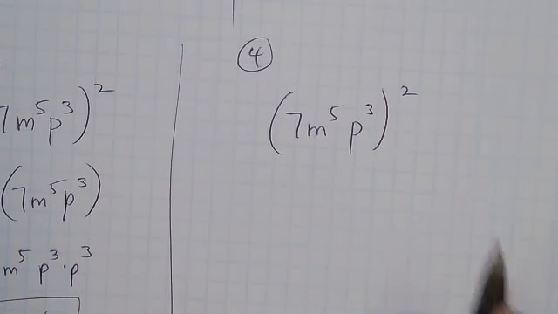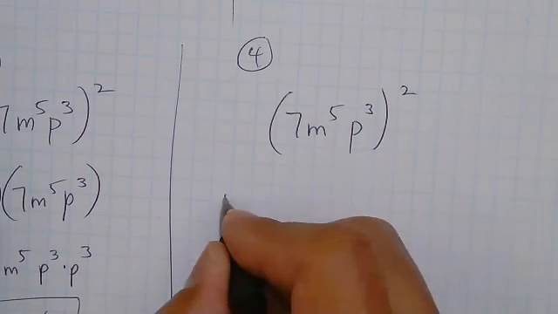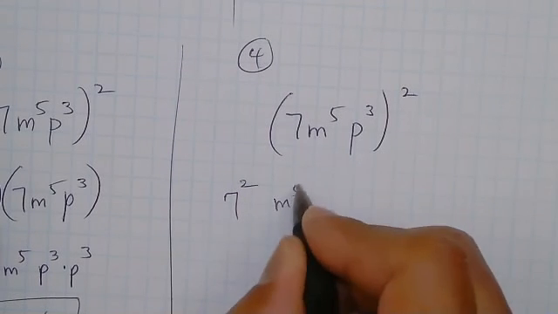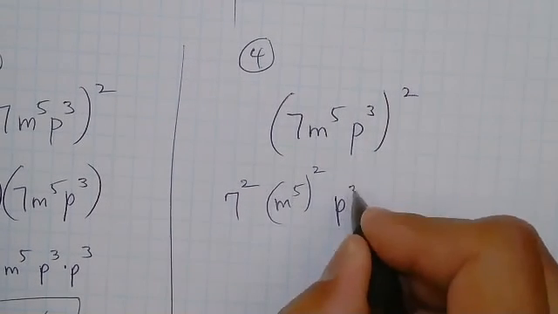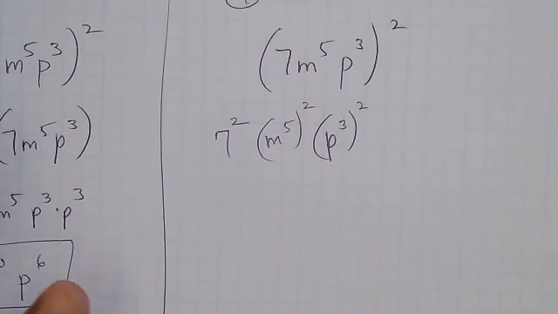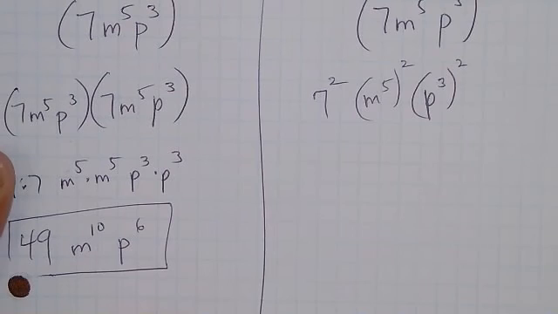We're gonna kind of look at it this way in that sense, which is fine. It's not wrong. But then we have a power rule that'll probably make things a little bit or a lot easier for you, right? Make sure that everything gets a power of 2. 7 gets the power, so 7 squared. m^5 gets raised to the power of 2, and p^3 gets also raised to the power of 2.